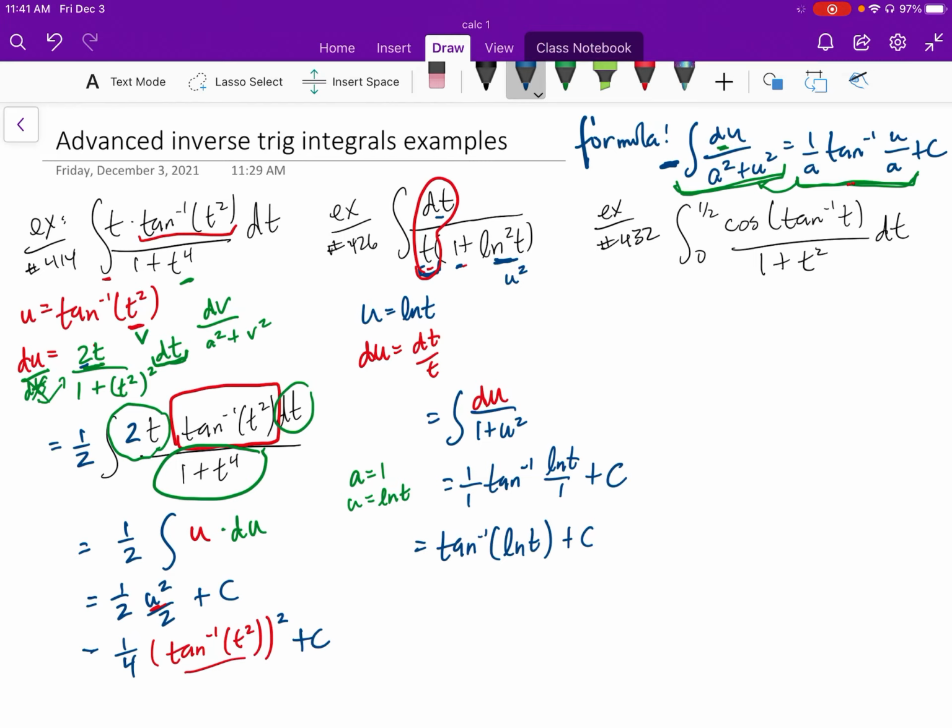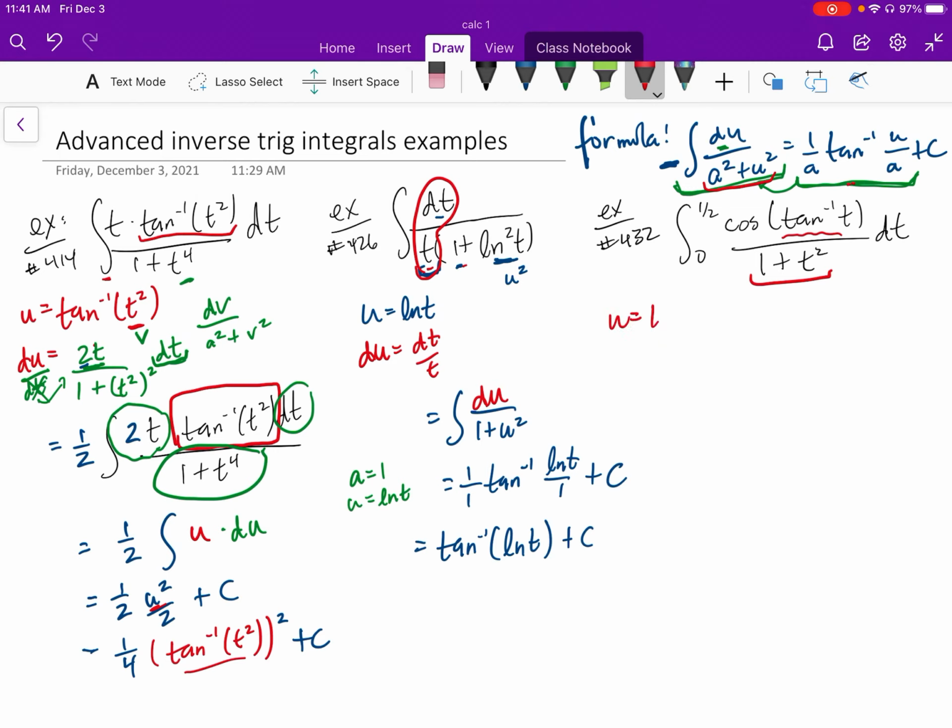Okay, last one, we have a definite integral, cosine tan inverse t dt over 1 plus t squared. Okay. Notice this is here, right? And kind of like the first one, we're like, well, make that u. I have du.